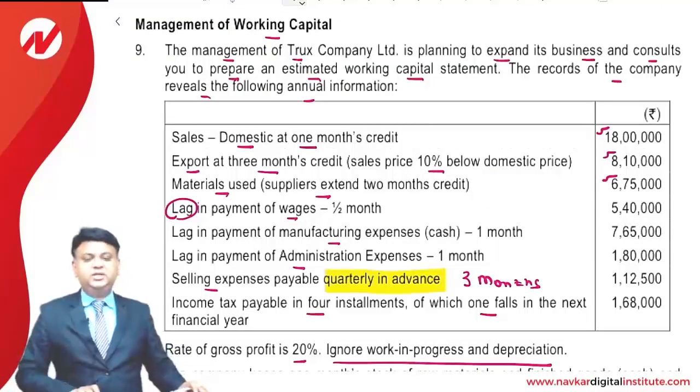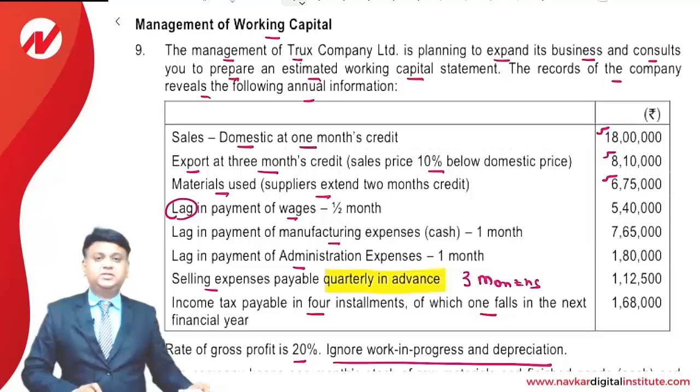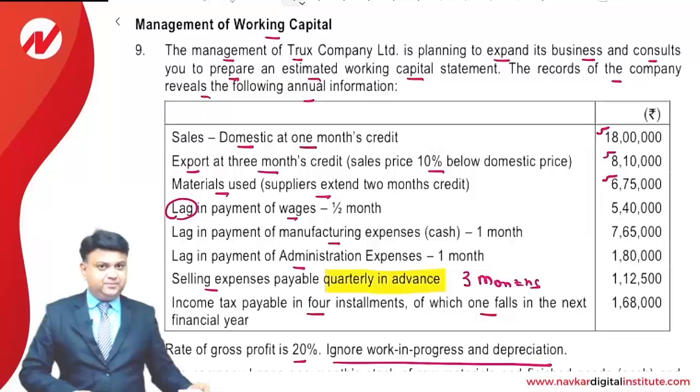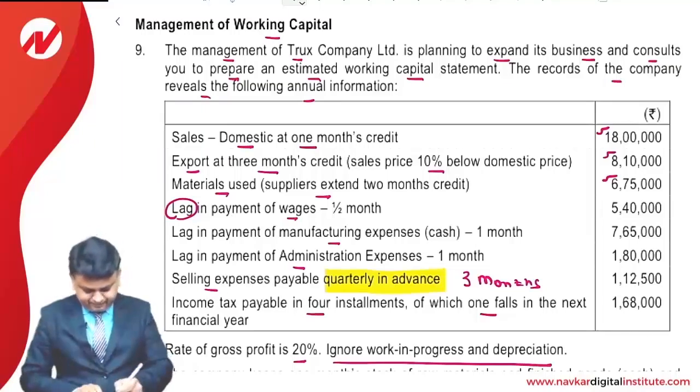Dear students, over here the question provides information about an existing company, and my general suggestion is to answer this kind of question in 2 steps. In step number 1, calculation of the cash cost of the sales, and in the second step, calculation of the working capital. So let us start the answer.